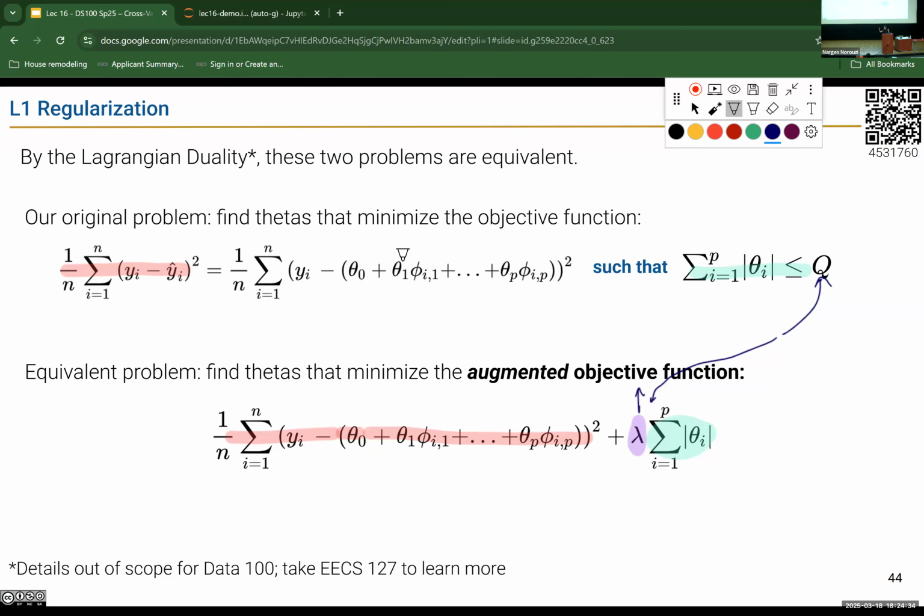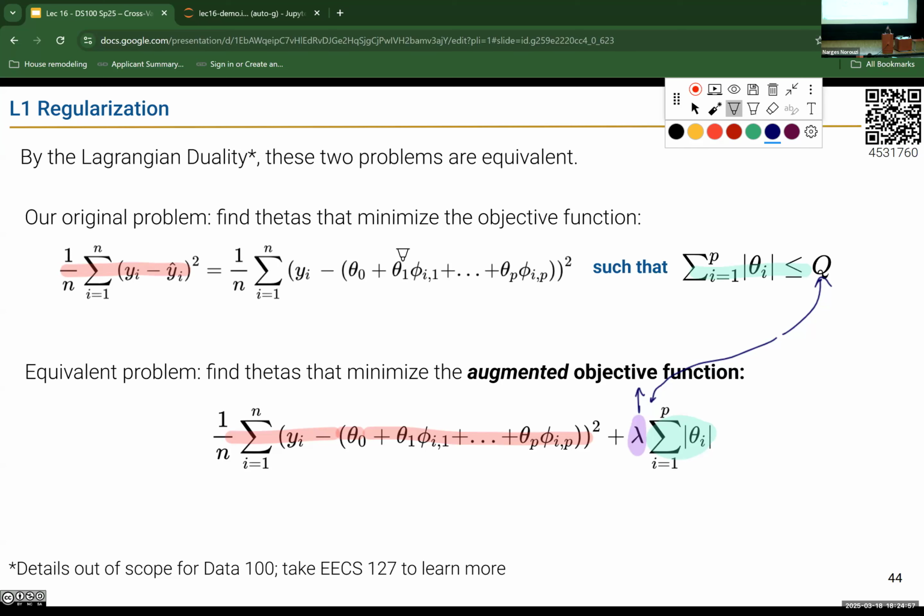So it's going to shrink the parameter values, which comes at the cost of not-so-good prediction on the training data. But overall, looking at the balance between these two terms, it might actually be worth it in the end. So think about how these two balance each other and how lambda relates to the budget that we had.